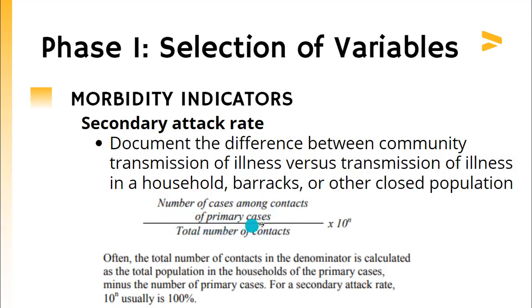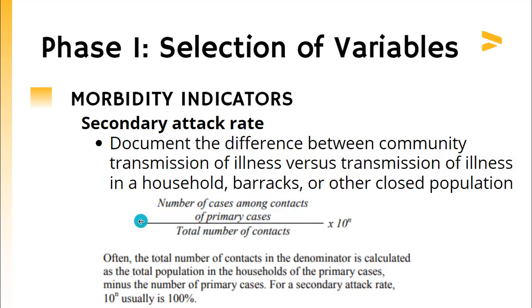Okay? So from these primary cases who first got the infection, they had close contact with another group of people, okay? And the population of people who got close contact with primary cases are referred to as your secondary risk or secondary attack rate.